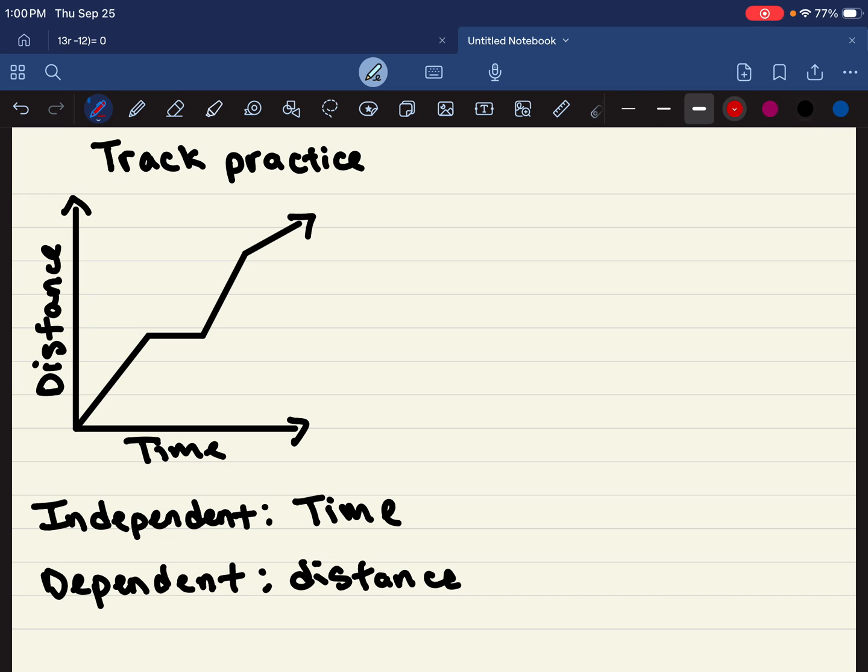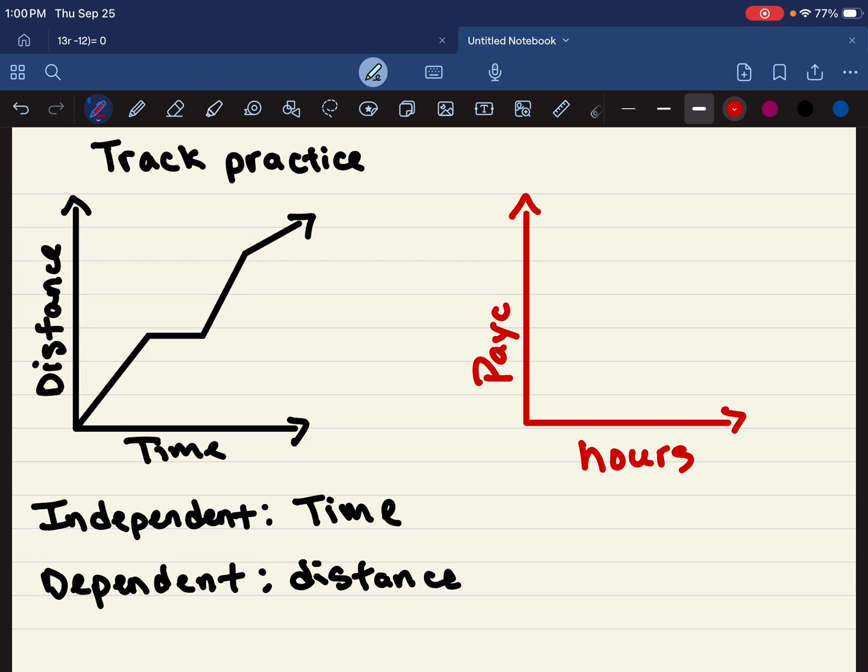Let me just put it on this side so I don't do a new page. I'm going to put I for independent, D for dependent.